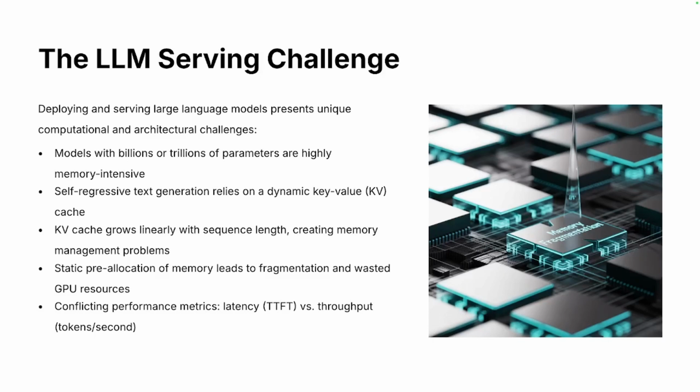That creates serious memory management issues for running inference, especially when you are trying to serve multiple requests in parallel. And to make it worse, we often pre-allocate memory to avoid delay during generation. But this pre-allocation actually leads to fragmentation and underused GPU memory.